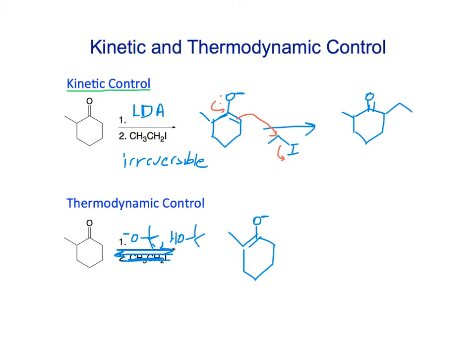However, if we reverse the order of that, if we make our LDA and we drip that into the ketone, so we just reverse how we do it, then we always have an excess of ketone. And so then we deprotonate, but then another ketone molecule can act as the proton source.